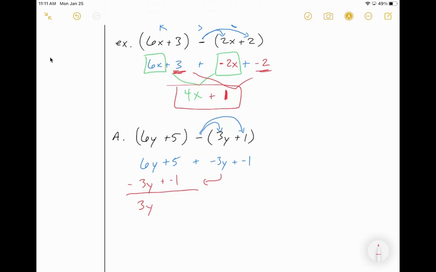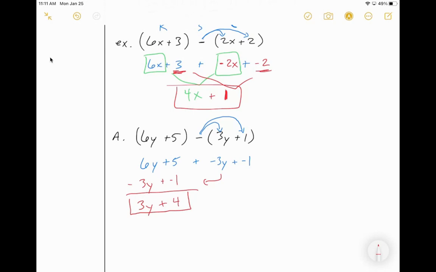Positive 5 and negative 1 is a positive 4. Okay. Now, if you didn't want to stack them up, if you want to do circles and arrows, or rewrite, whichever way you want to do is fine.